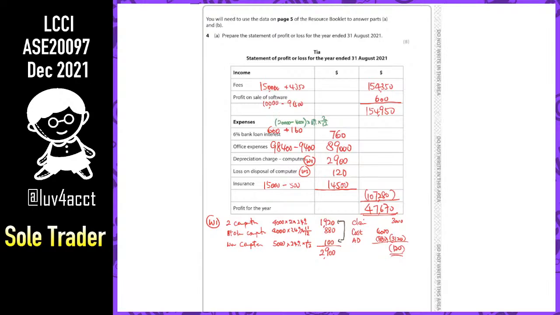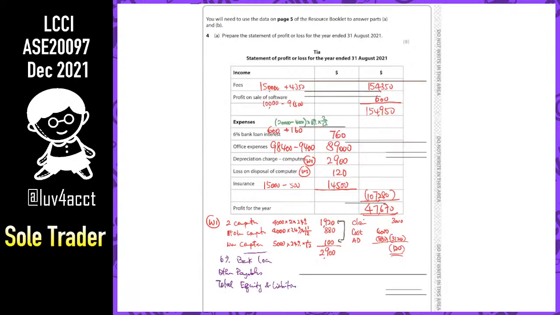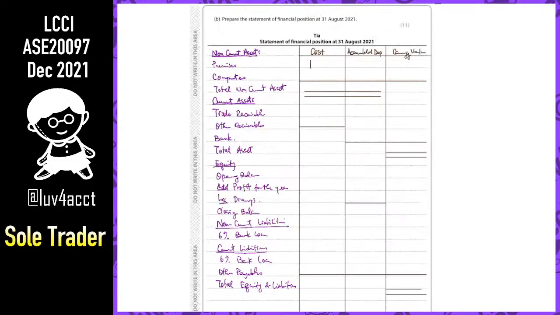So let's see. Here, 10,000, no accumulated depreciation, so still 10,000 here. For computers, you have 4,000 multiplied by 2, and also another one, 5,000. So it would be 13,000.